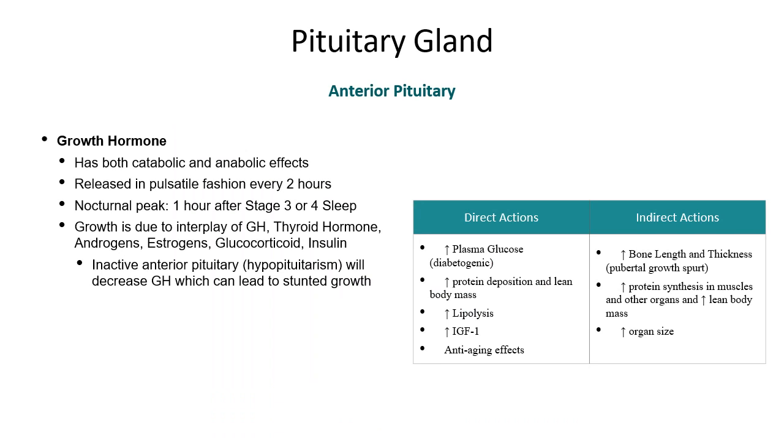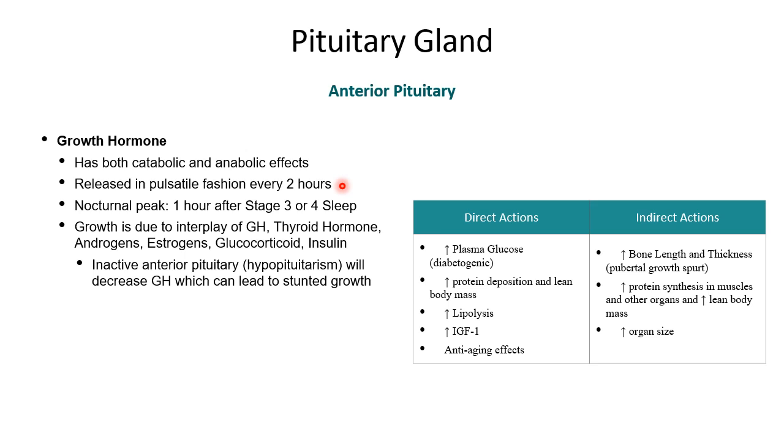So let's go into the different hormones. Growth hormone. What is the effect of growth hormone? It is a catabolic hormone because it causes lipolysis or the breakdown of fat. But at the same time, it is an anabolic hormone because it causes the synthesis of proteins.